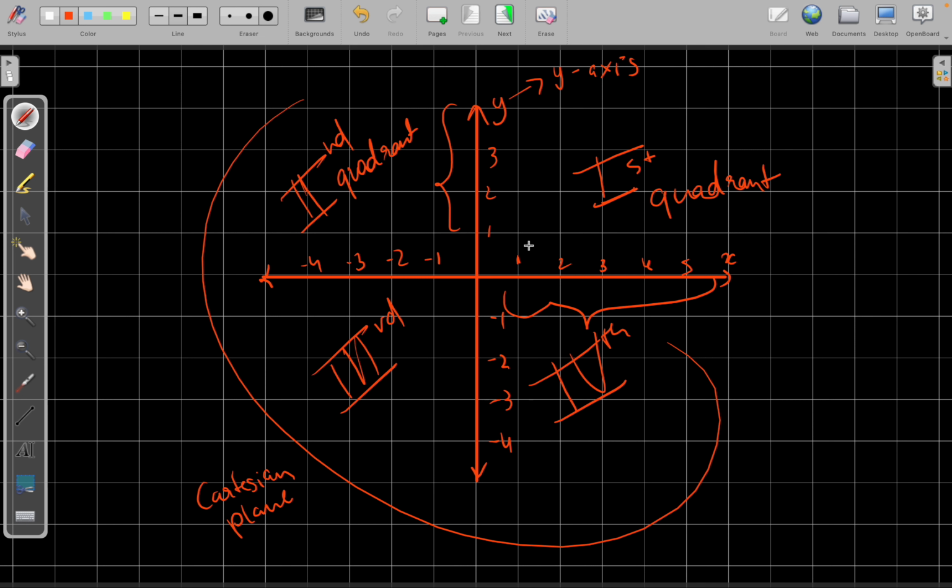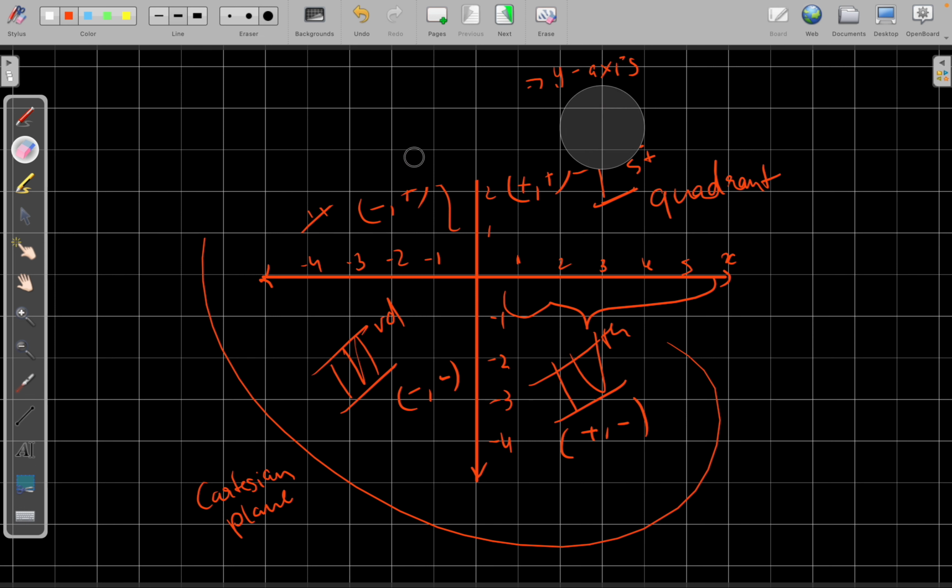In the first quadrant, both coordinates are positive. The second quadrant has negative, positive. The third has negative, negative. And the fourth has positive and negative.